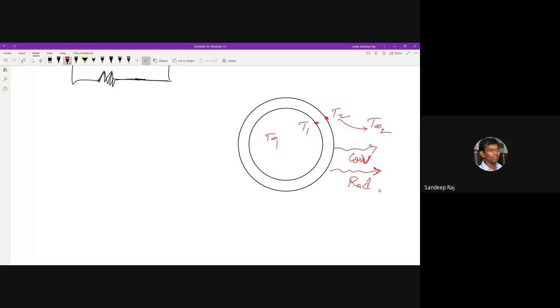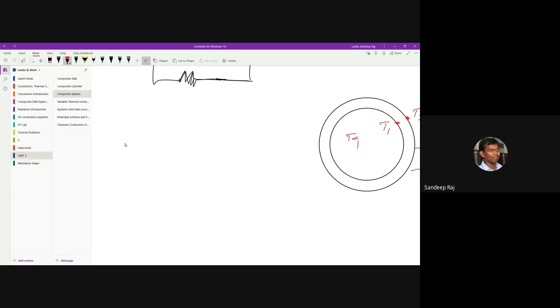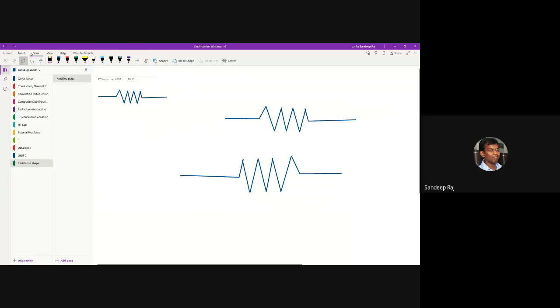If that is the case, what will be your resistance circuit? You have to draw it here.